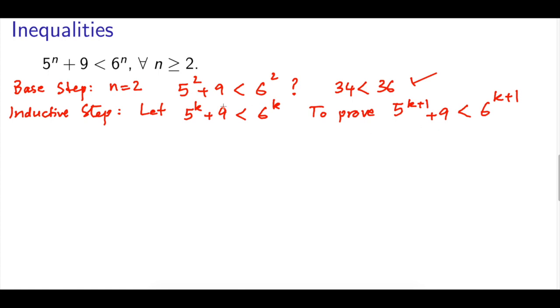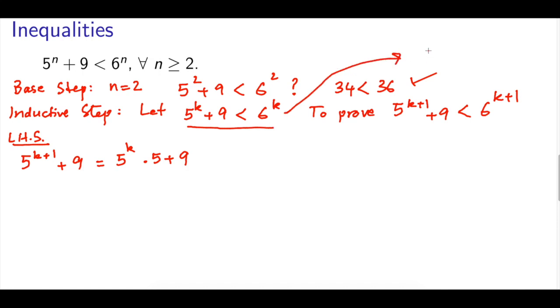Okay. Now we'll start with the left hand side, 5 to the k plus 1 plus 9. This is equal to 5 to the k times 5 plus 9. Now our hypothesis, I can write it as 5 to the k is less than 6 to the k minus 9. I can do it, right?